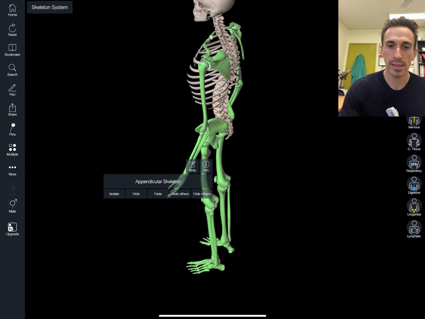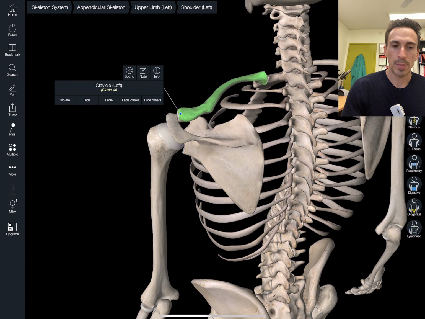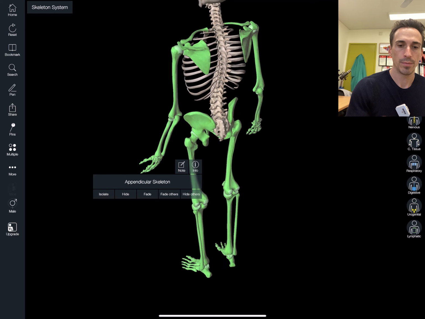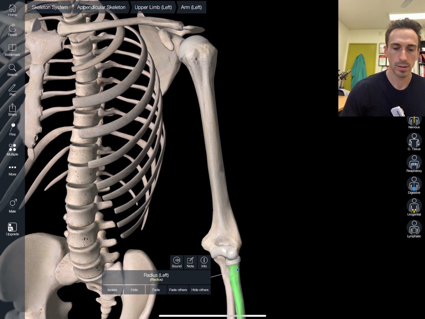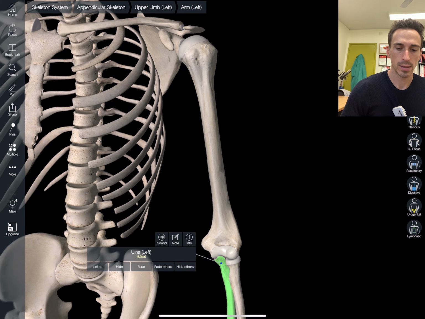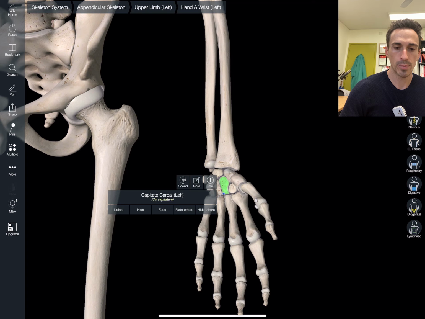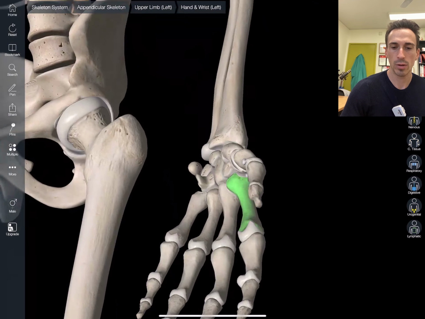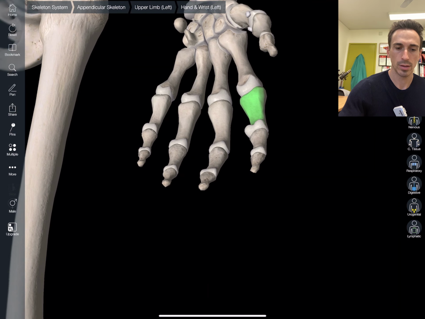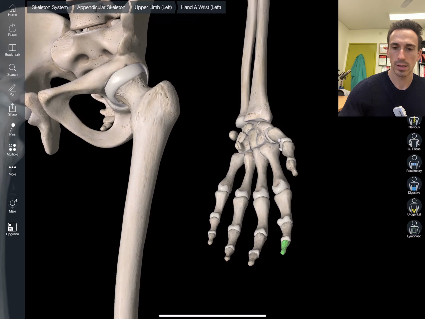As you can see, it's going to be made up of the scapula, the clavicle, the humerus, the radius, the ulna, all the various bones of the wrist, which you do not need to know, and then the metacarpals and the phalanges of the hand.